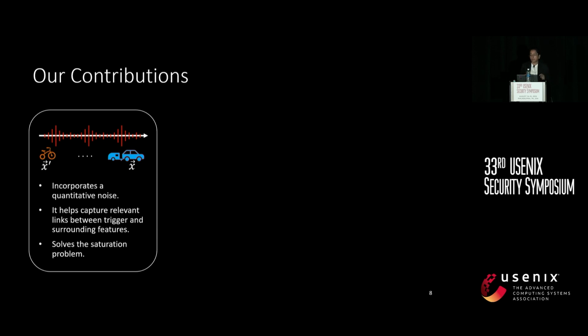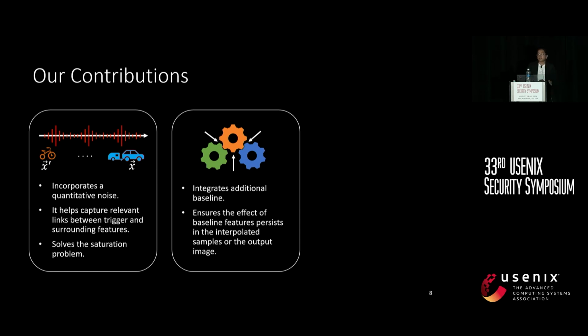The intuition behind adding a quantitative noise is to integrate rapid small alterations in the model predictions on the path of the interpolated samples. Since it's not a straight line, it keeps on changing. That's why it is able to capture the relevant links between the trigger and the surrounding features. And because of the noise, it doesn't saturate, it keeps on changing. So it also solves the saturation problem.